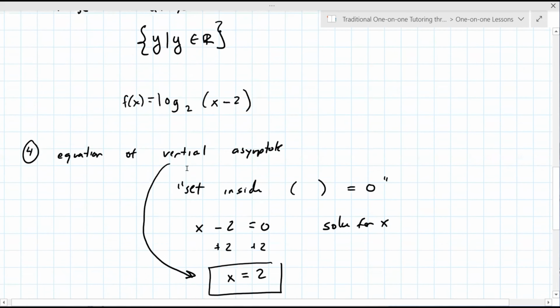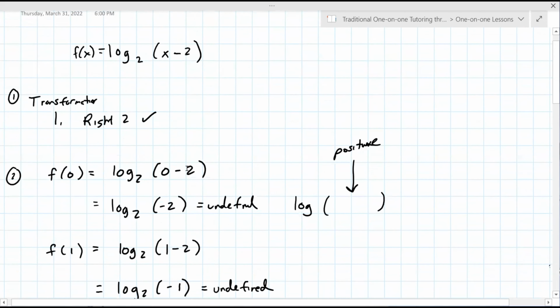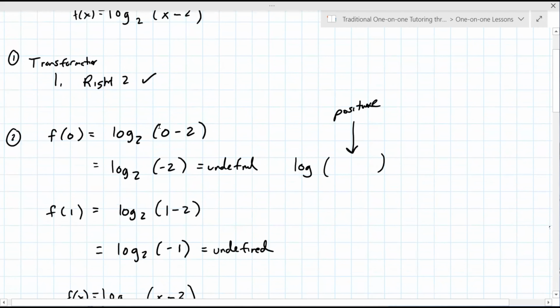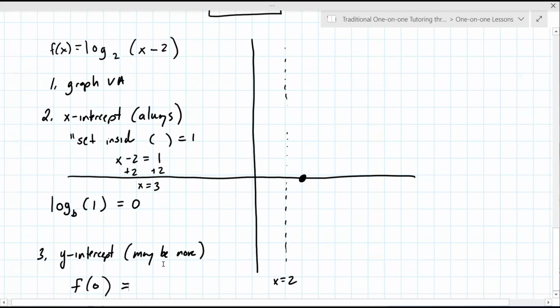See how we did it right here in step 2, f of 0. What do you see here as the answer? Undefined. So that means it does not exist. In this case, it's undefined, which is why there is none. So there's 2 ways to do it.